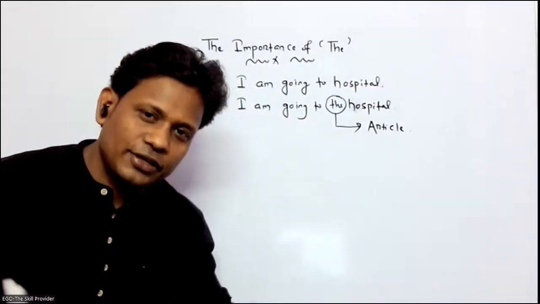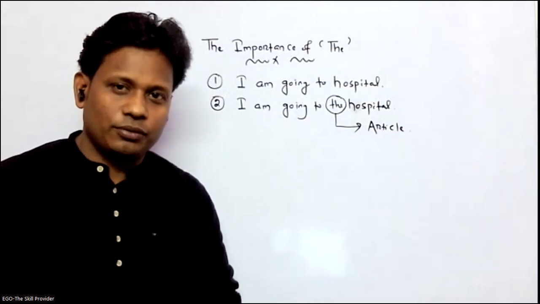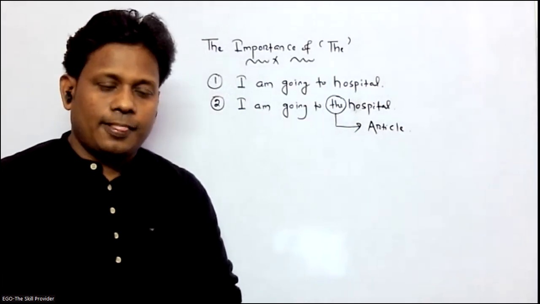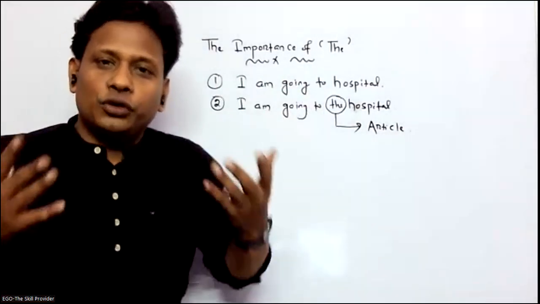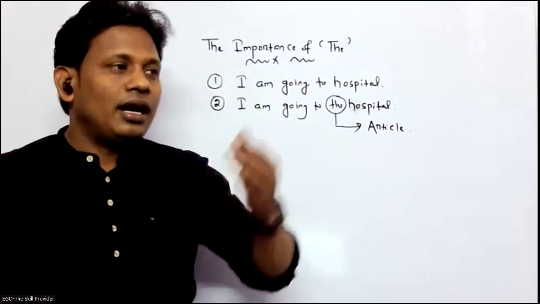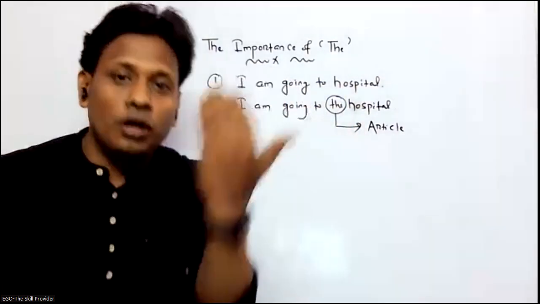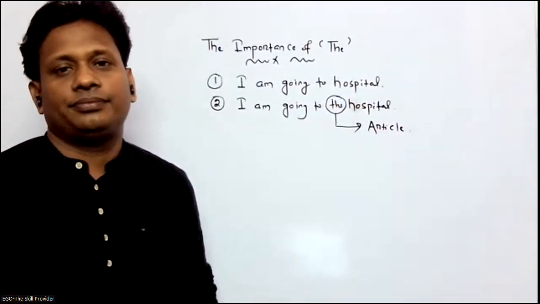Apart from that, nothing is there. I'm going to school. I'm going to the school. I'm going to police station. I'm going to the police station. I'm going to bank. I'm going to the bank. I'm going to blood bank. I'm going to the blood bank, like that.